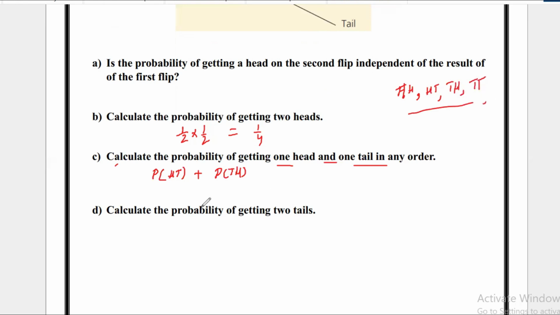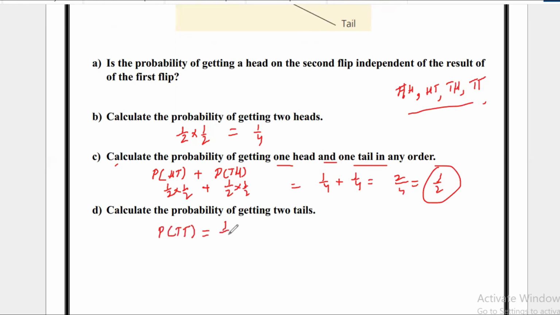So for head and tail, you get 1 over 2 into 1 over 2 plus 1 over 2 into 1 over 2. It means 1 over 4 plus 1 over 4, you will get 2 over 4, which is equal to 1 over 2. And here, calculate the probability of getting two tails. That means 1 over 2 into 1 over 2, you will get 1 over 4 as the answer. I hope it is clear.